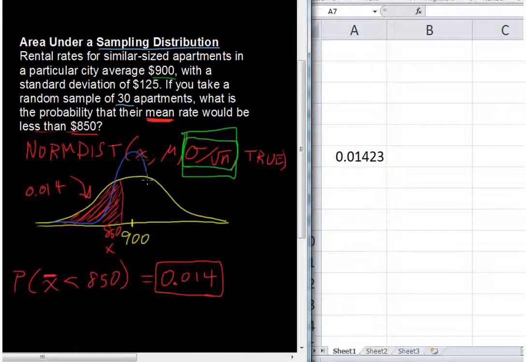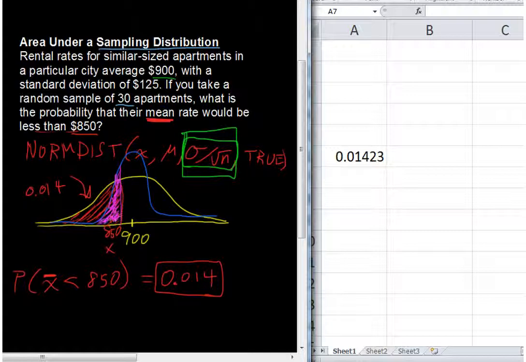It's still centered around the mean. So what I have drawn in blue now is really closer to the sampling distribution of means. I should show this real quick: if we did the 850 here, we'd have this area, which is a little bit smaller than what we had in red.